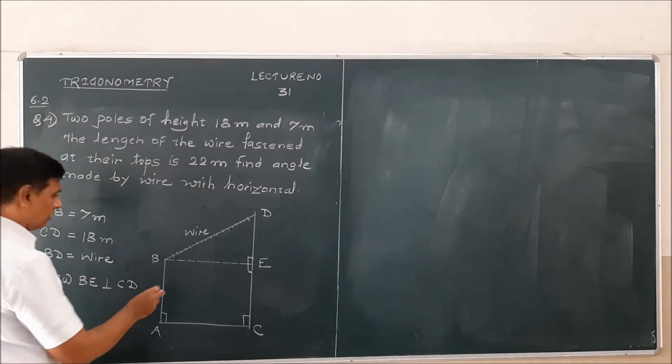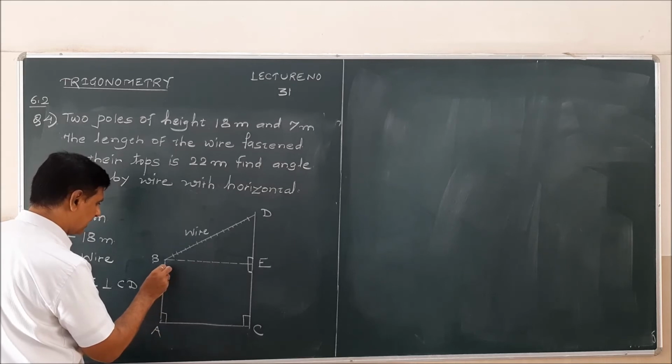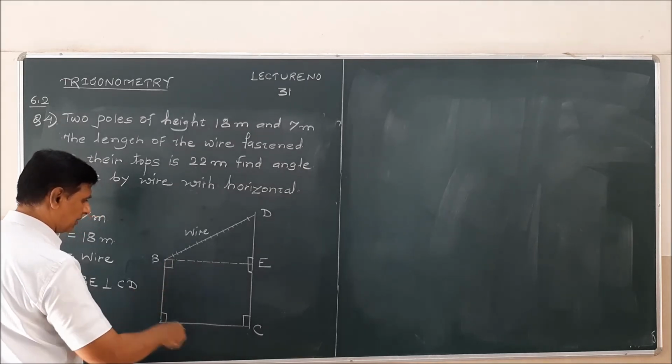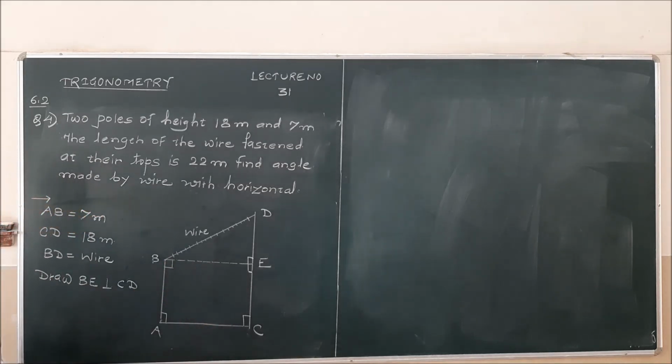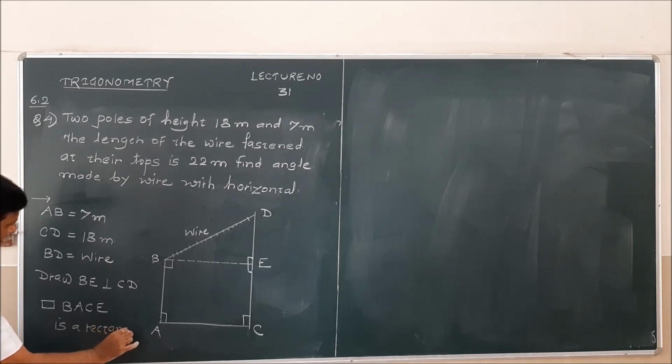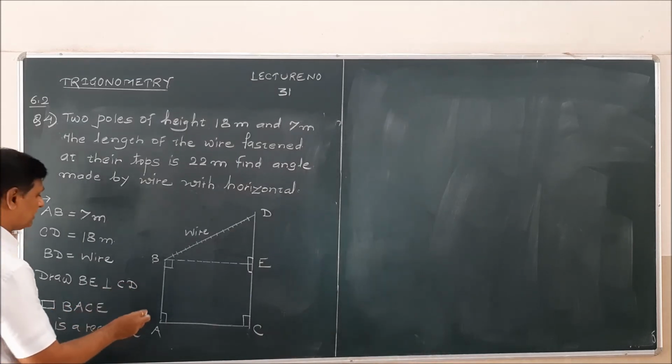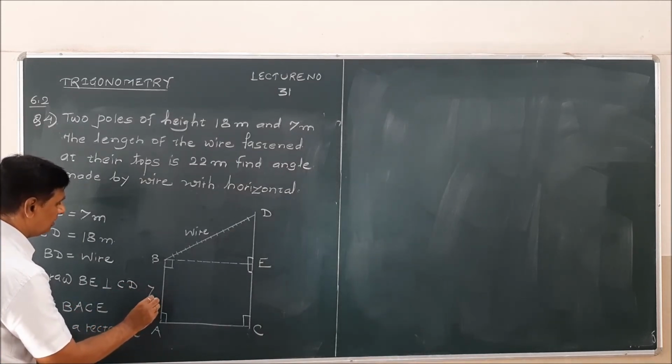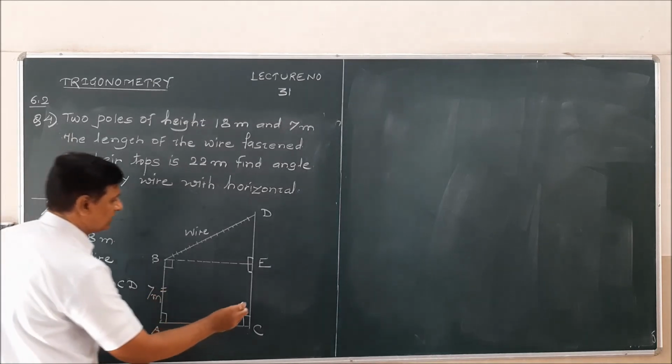Now you will find quadrilateral BACE becomes a rectangle. This angle also will become 90 automatically if three of them are 90. So quadrilateral BACE is a rectangle. Now height of AB is 7, so this is also 7.